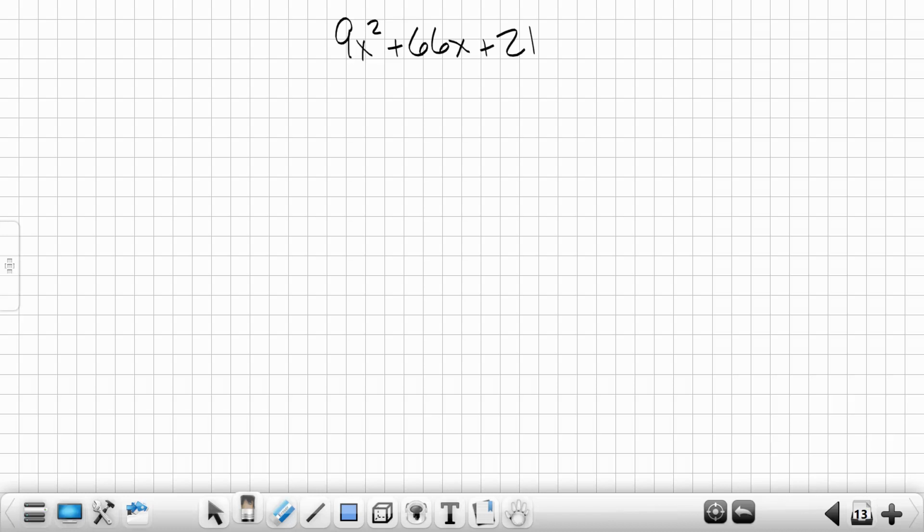Looking at each of the terms, is there something I can factor out? 3. Somebody said it. I can factor 3 out. So this is really 3 times 3x squared plus 22x plus 7. And that's going to make my life a lot easier when I do the X box. So when you're doing the X box, make sure you use that middle thing. The 3 is just going to hang out until the end.